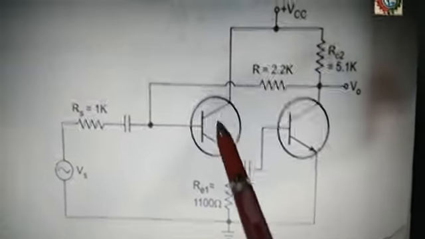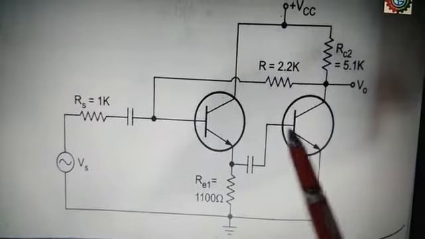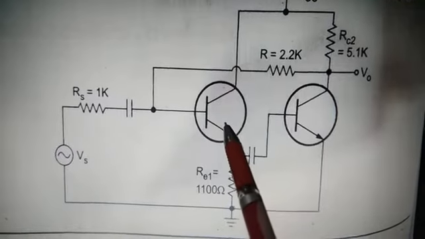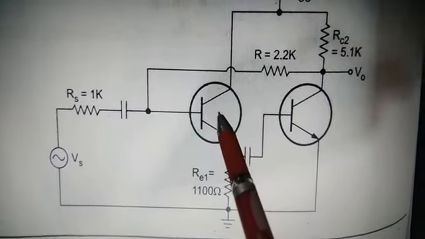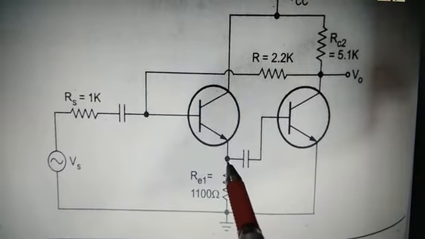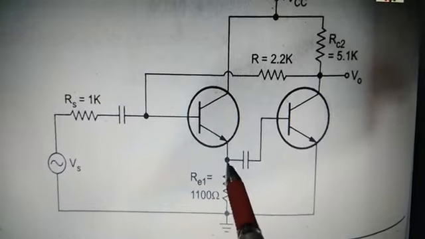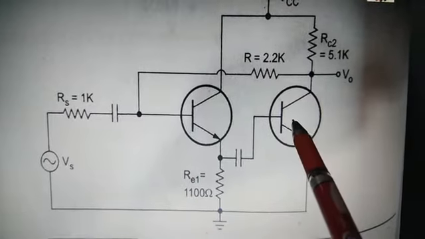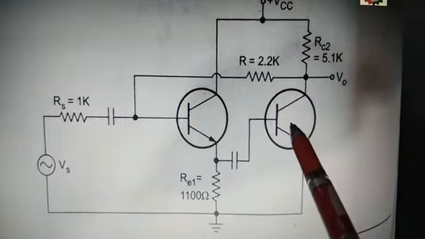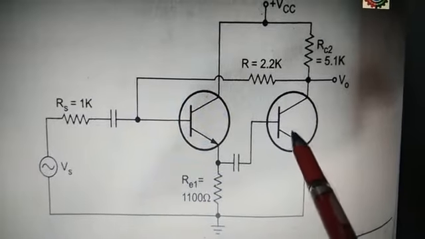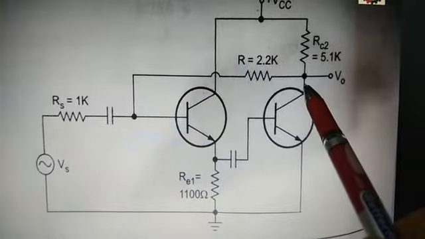You can observe here that two stages are given. This first one is the common collector stage, and this common collector has the output at the emitter. This output, through a coupling capacitor, is connected to the base of the second transistor, which is a common emitter transistor with output at the collector.